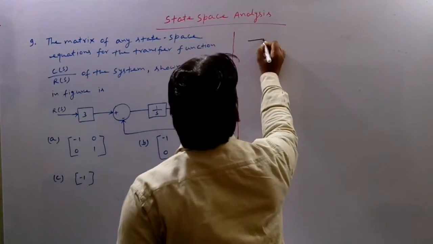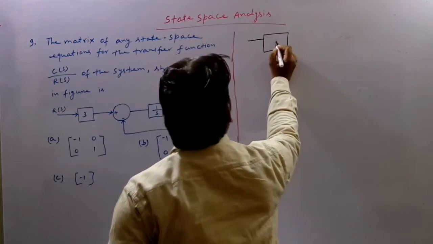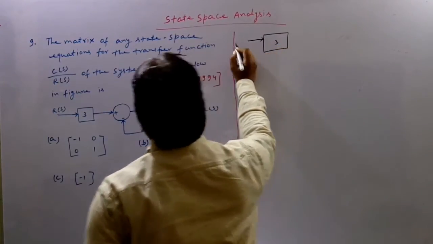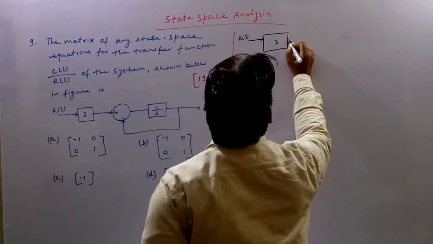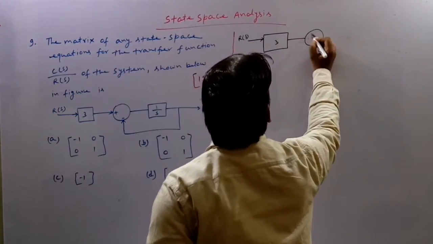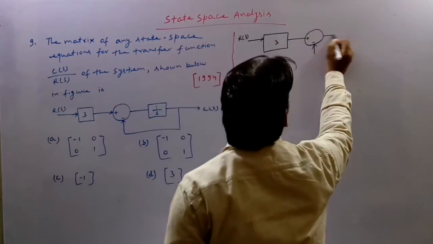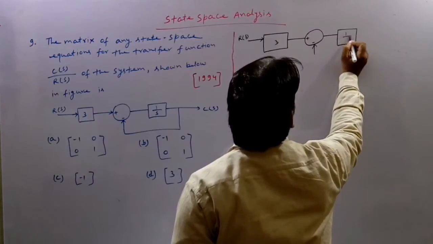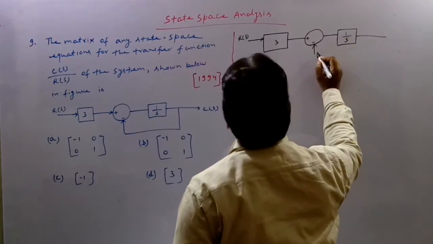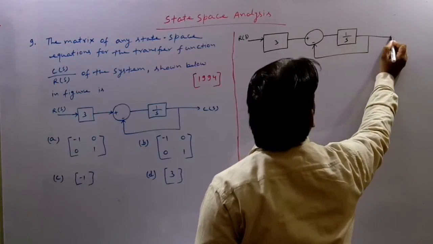So now we can again draw the block diagram. So it is R(s), and here this is plus minus. So it is 1 by s. Now it is C(s).